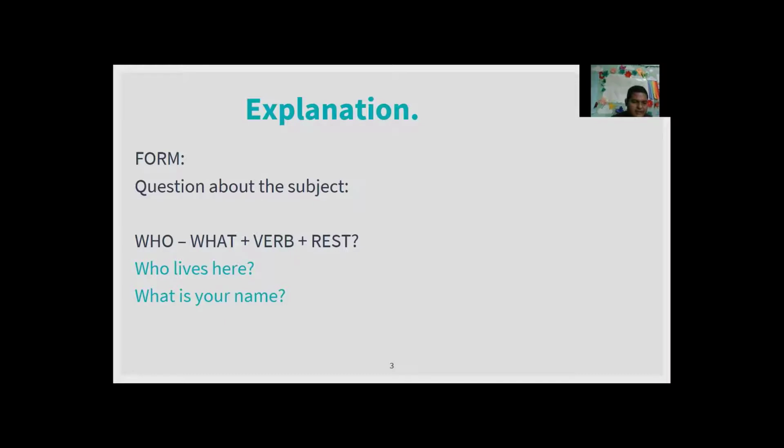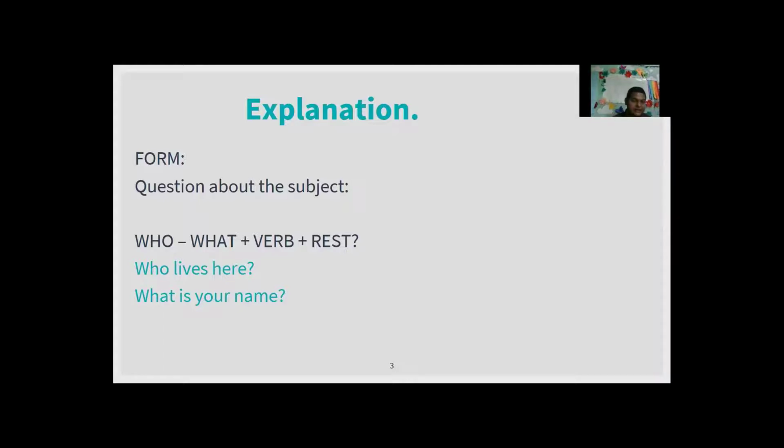Examples over here are: who lives here? What is your name? What is your last name? What is your full name? The question is about the subject. Okay. You remember the subjects are I, you, she, he, it, we, you, they.